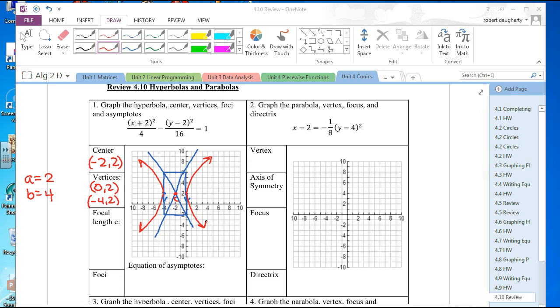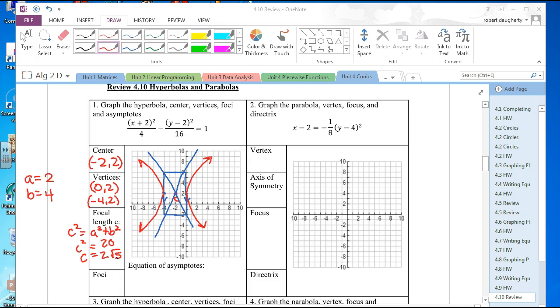So I know that c squared equals a squared plus b squared. So c squared in this case is equal to 20. So c is equal to the square root of 20, which is just 2 times the square root of 5.